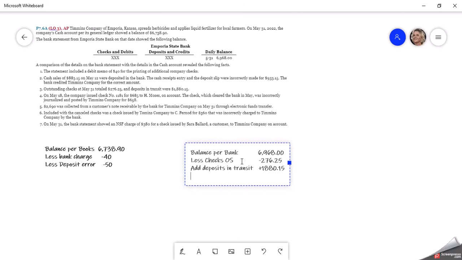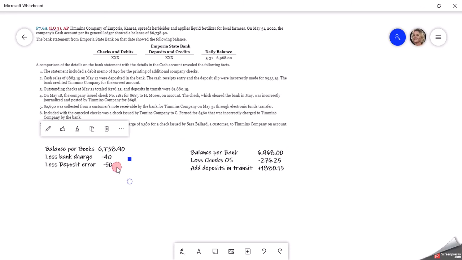$1,880.15. Okay, on May 18th, the company issued check 1181 for $685 to H. Moses. The check was cleared by the bank and incorrectly journalized and posted by the Timmons Company for $658. So $685 was what the check was written for. $658 is what they recorded.